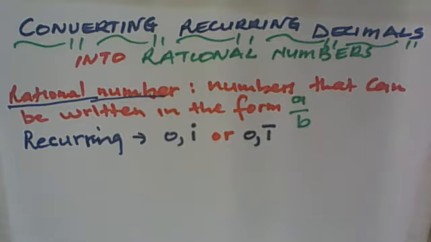Now, if you cook something delicious, that means you must have a proper recipe for that. So it's mathematics. When you want to convert, that is to change, when you want to convert recurring decimals into rational numbers, into numbers that can be written as fractions, you need a recipe.